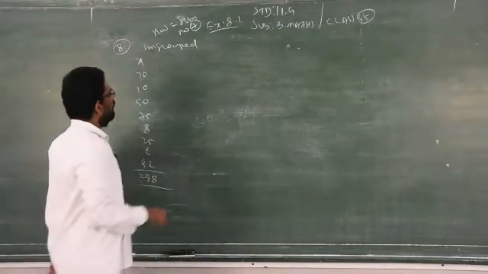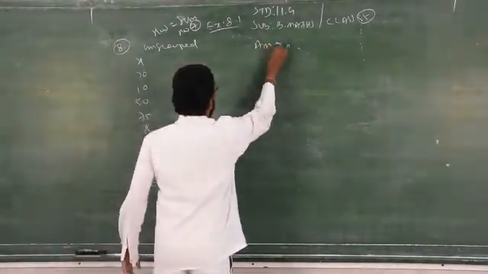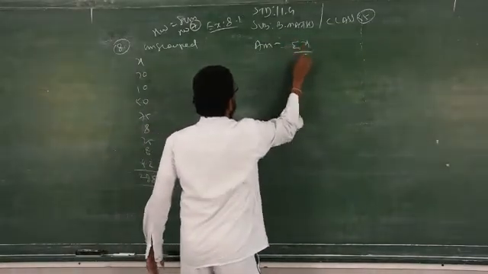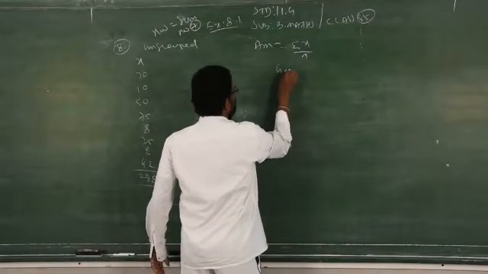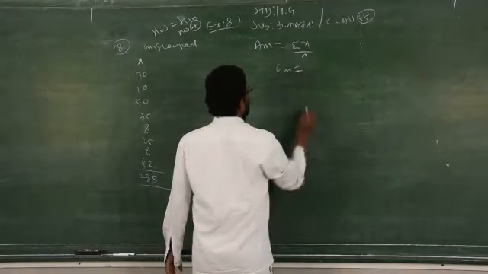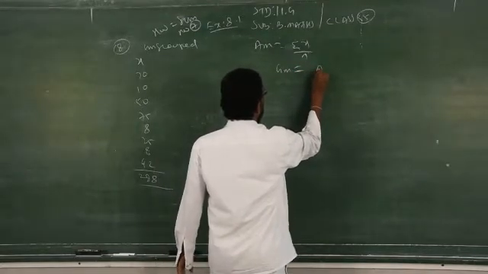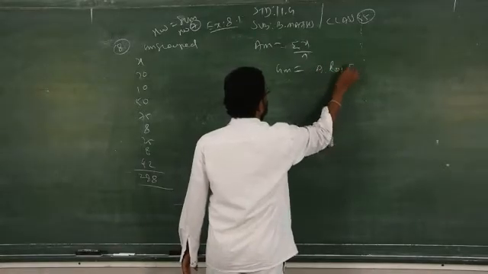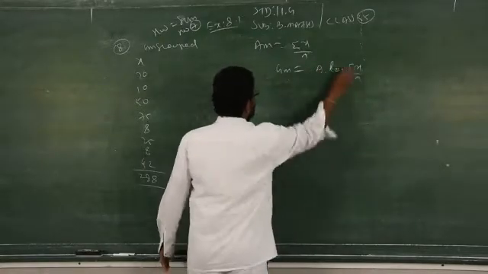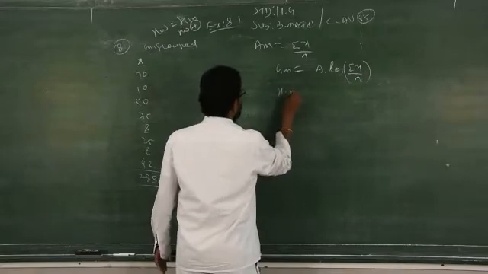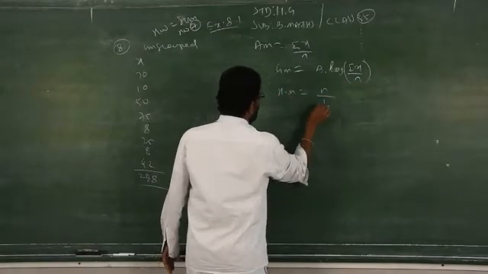For ungrouped data, AM is equal to summation x by n. For GM, what is the formula for GM? Anti-log of summation log x by n. Clear? Then what is HM? HM is equal to n by summation 1 by x.